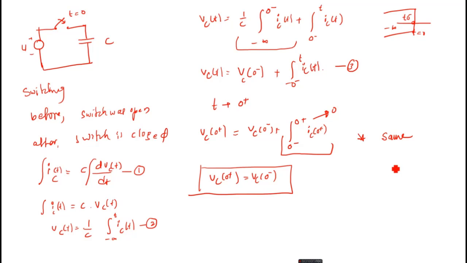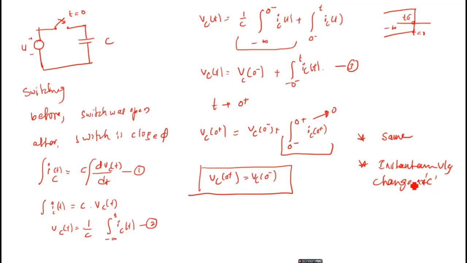I repeat, before and after switching, the voltage across a capacitor will be the same. The capacitor doesn't support an instantaneous change of the voltage across it. Keep that point in your mind.